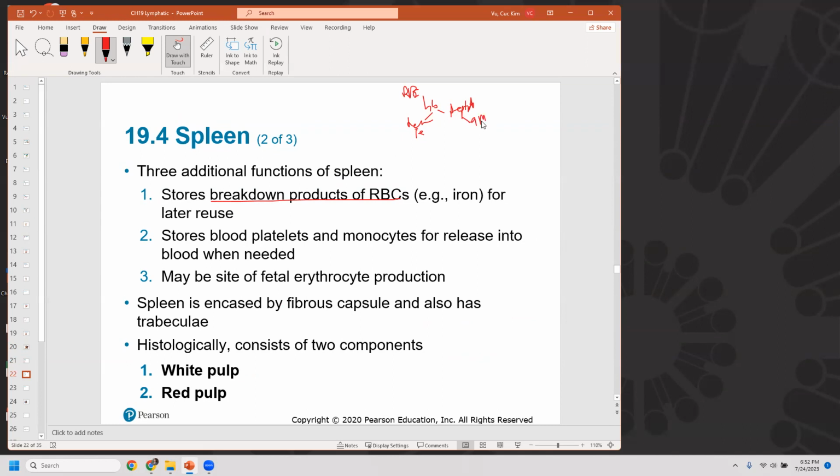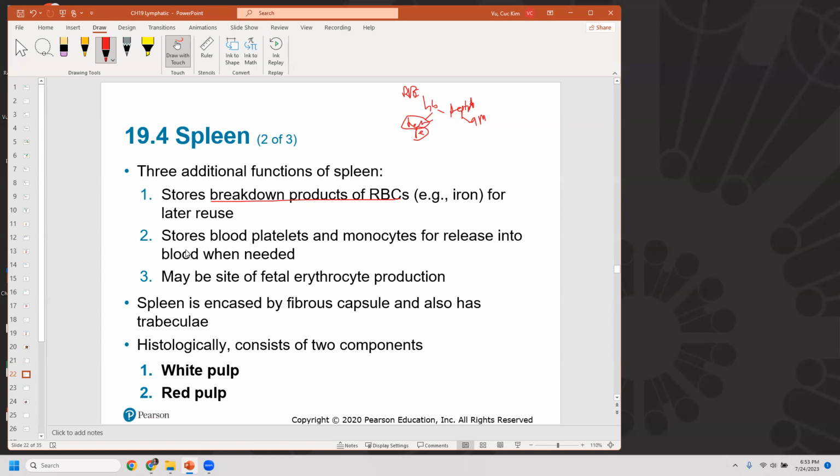So the spleen takes the broken down products and moves them where they need to go. So for example, the iron is going to make sure that it is reused. The heme, the pigment, is going to go to the liver to become bilirubin, and then biliverdin, and then processed further and then end up in feces. It's going to make sure that the peptides are broken down to amino acids and then reused as well. Okay. So that's the first function of the spleen.